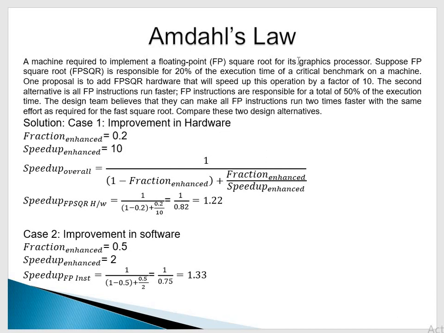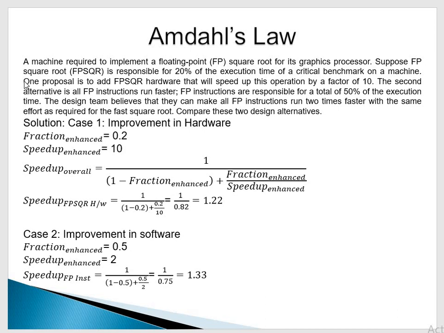Suppose that the floating point square root we have designed is responsible for 20% of the execution time for a critical benchmark, so it contributes 20% of the execution time of the whole machine.